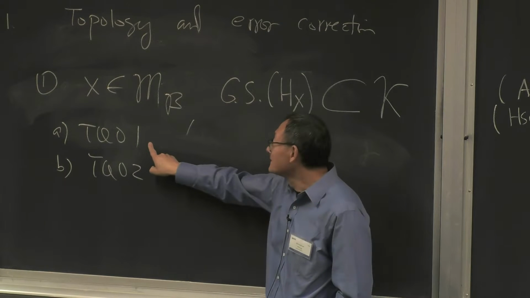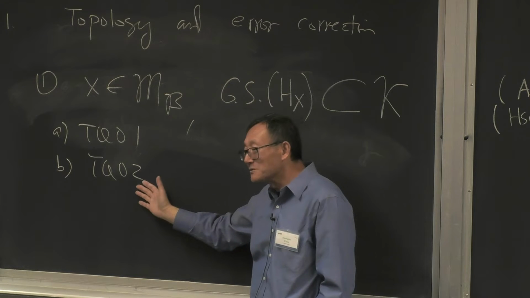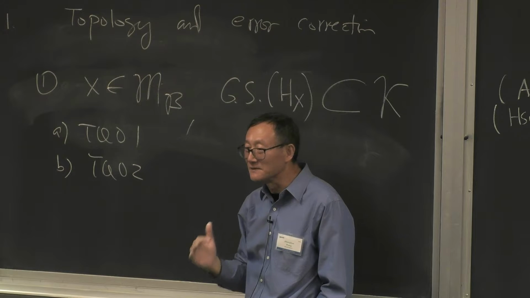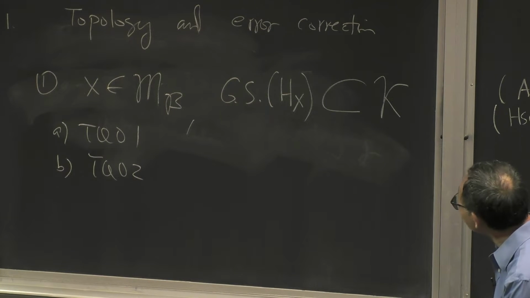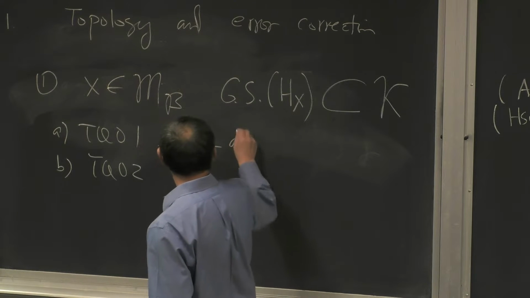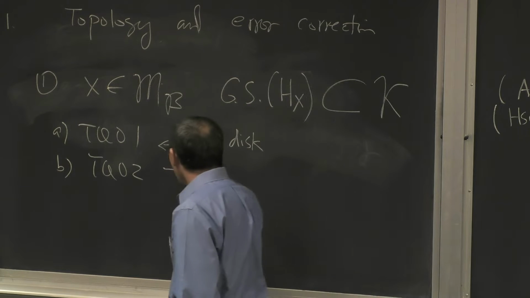This is basically saying this ground state is an error correction code. And this one basically says your ground state has to be homogeneous. That is automatically the translation invariance. And for the topologists, this has a very easy explanation. This is something called the disk axiom in TQFT. And this is called the annulus axiom.